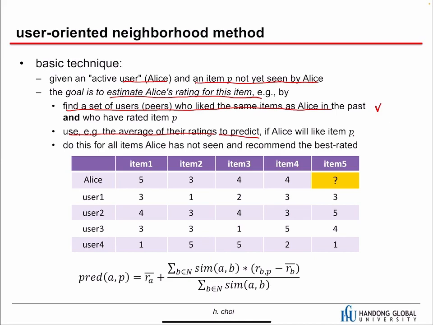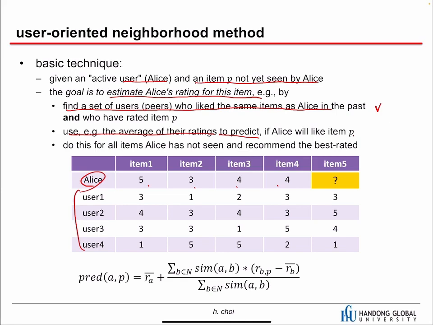Let's take a look at this table. We have 5 items and 5 users, and Alice is the target active user, and we have the other 4 users. Alice has watched 4 items, and she gave feedback about these 4 items.